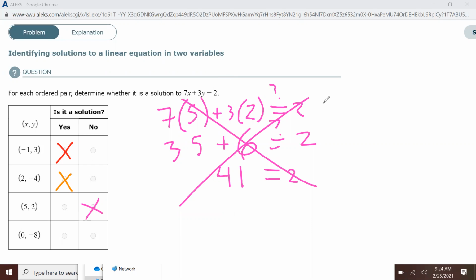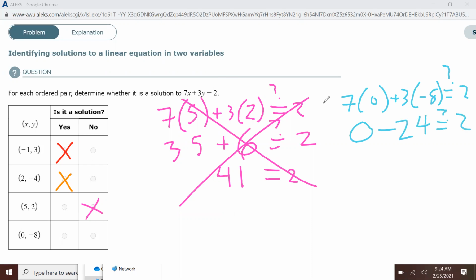And the last one, we'll replace x with 0 and y with -8. And upon simplifying, we get -24 equals 2, which is not true, and therefore that is not a solution.